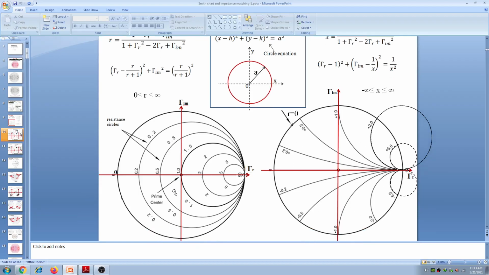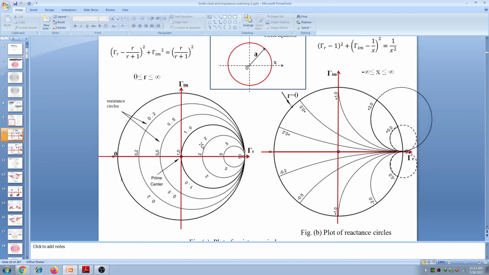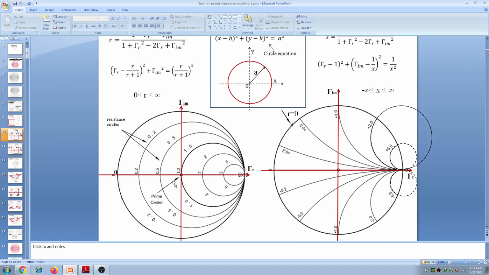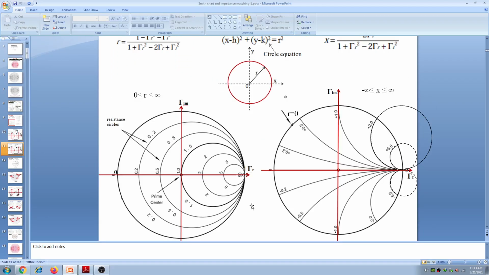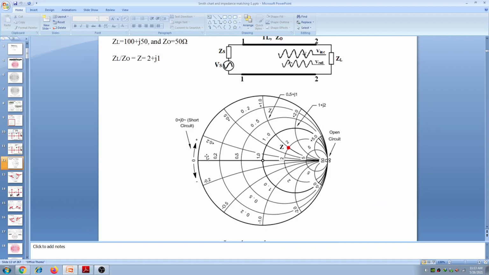If you overlap these reactance circles and the resistance circles, it is like this. Overlapping of resistance circles and reactance circles, the plot looks like this.